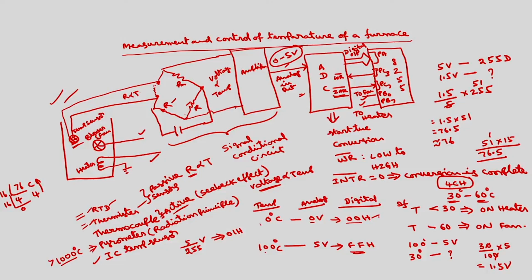Similarly, what is the hexadecimal equivalent corresponding to 60 degrees? 100 degrees is 5 volts, 30 degrees is this, so 60 degrees will be twice this, 3 volts.